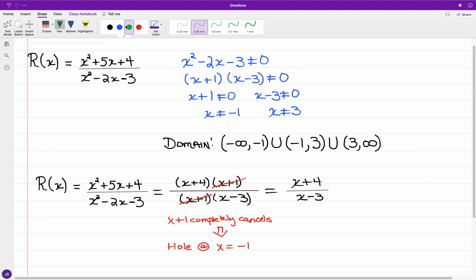With x minus 3 remaining, there is going to be a vertical asymptote at x equal to 3.